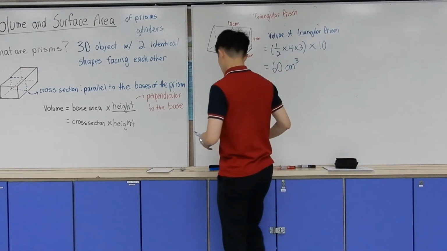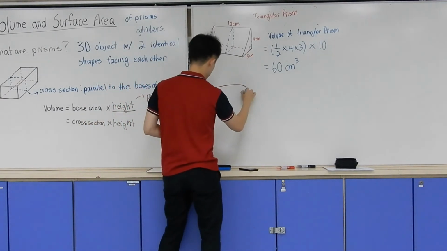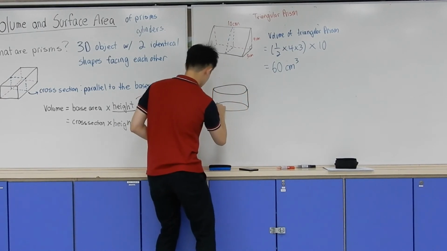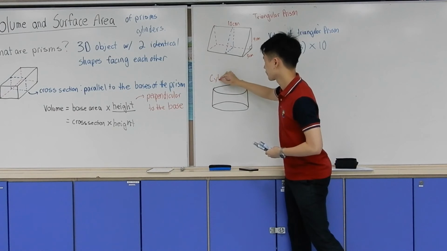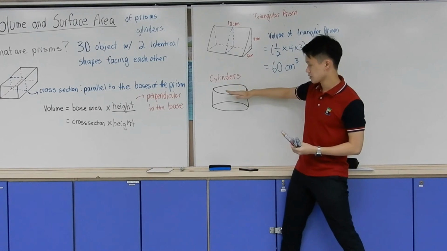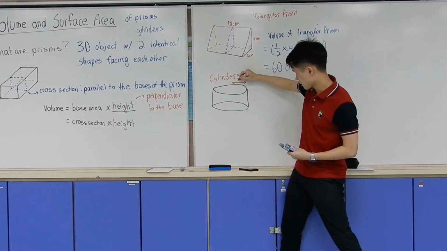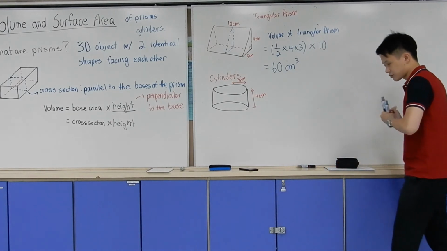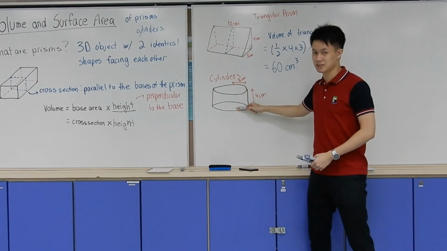We'll move on quickly to another kind of shape. I won't really consider it a prism, but you know from primary school what this shape is: a cylinder. Cylinders follow the same set of rules as prisms, assuming the base areas are identical. Let's give a radius of 3 cm and a height of 4 cm. To find the volume of a cylinder, are these the bases that are parallel to each other?